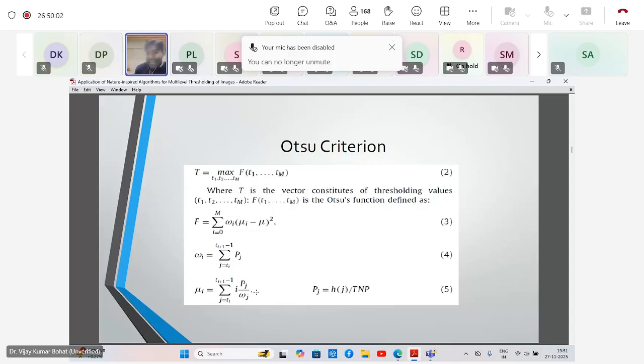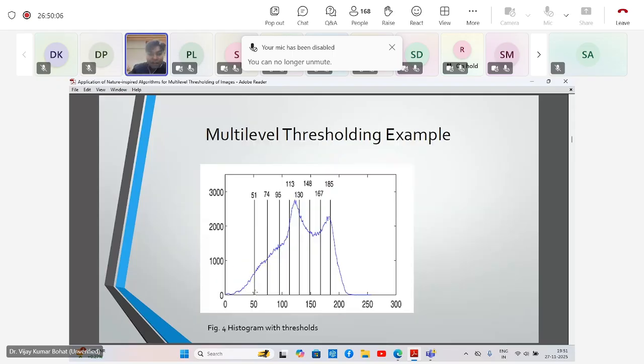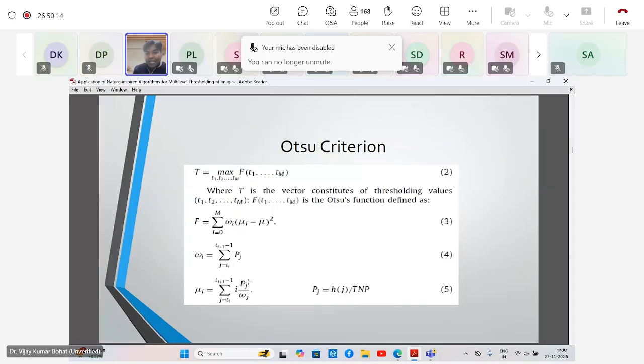Hj is the intensity of that particular level, like in this diagram, suppose we are determining for this gray level. This is divided by the total number of pixels, where TNP stands for total number of pixels. In any image, if we multiply the number of rows and the number of columns, we get the number of pixels in the image.